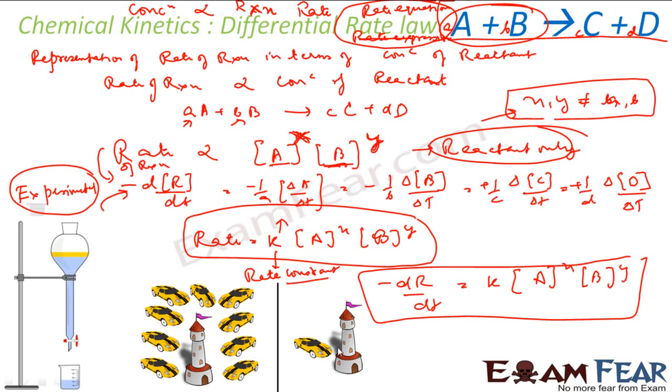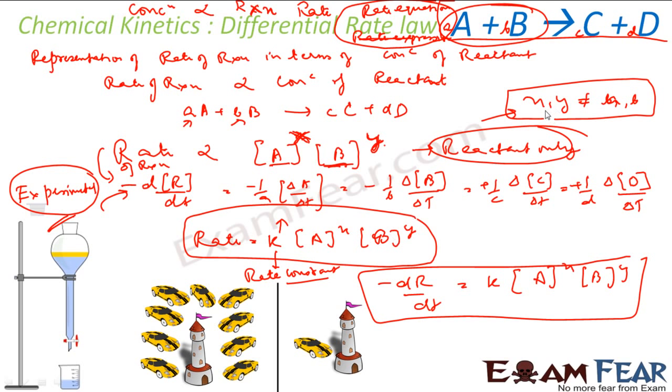If you see, concentration is changing, the reaction rate is changing. And please note, these are all experimental values. Let me repeat again, these are all experimental values. This X and Y are experimental values. Correct? So you want to define the rate law. Rate law is nothing but the expression in which the reaction rate is given in terms of molar concentration of the reactant, with each term raised to some power, which may or may not be the stoichiometric coefficient.